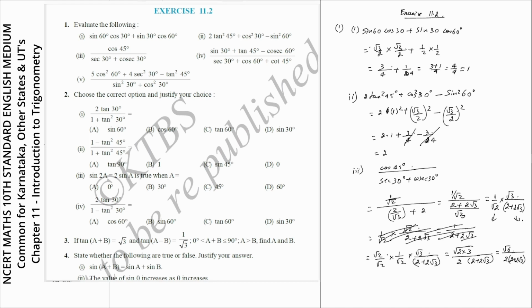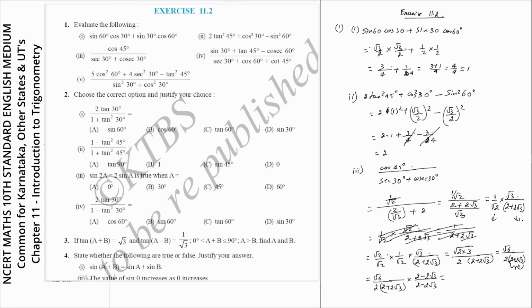Now even this is also an irrational number, this part. So I need to rationalize this one. So what I'll do is I'll multiply and divide by 2 minus 2 root 3. So root 6 by 2 into 2 plus 2 root 3 into 2 minus 2 root 3 by 2 minus 2 root 3 I'll do.